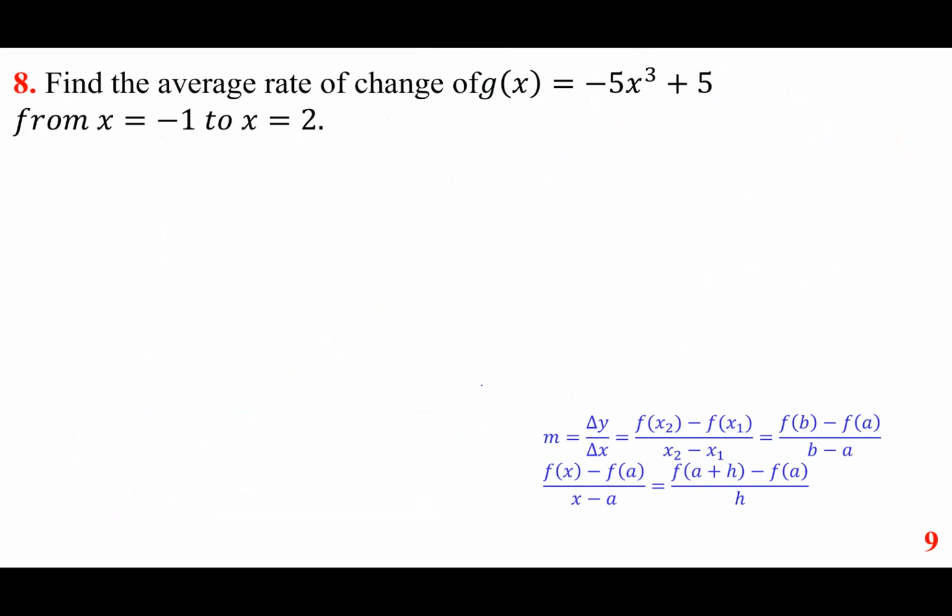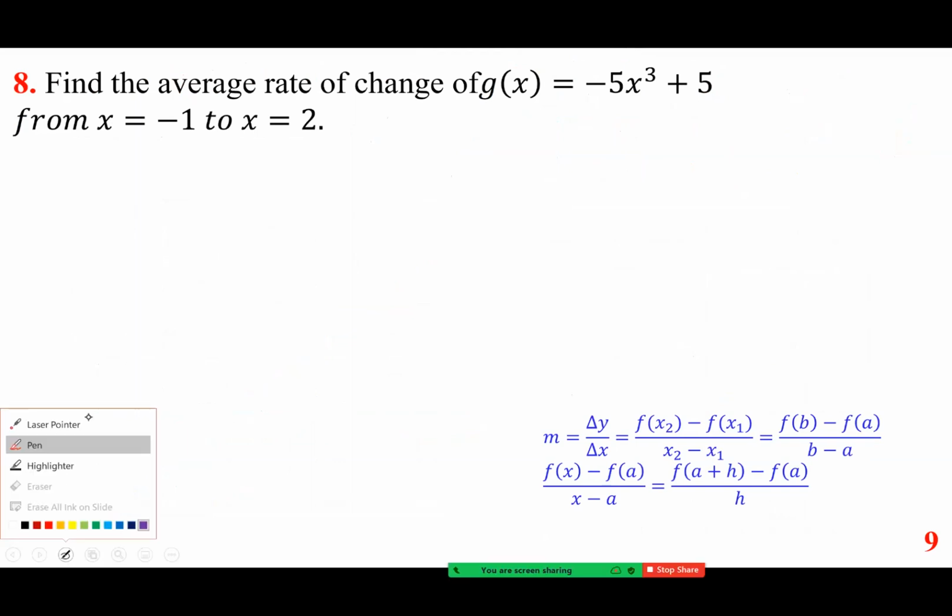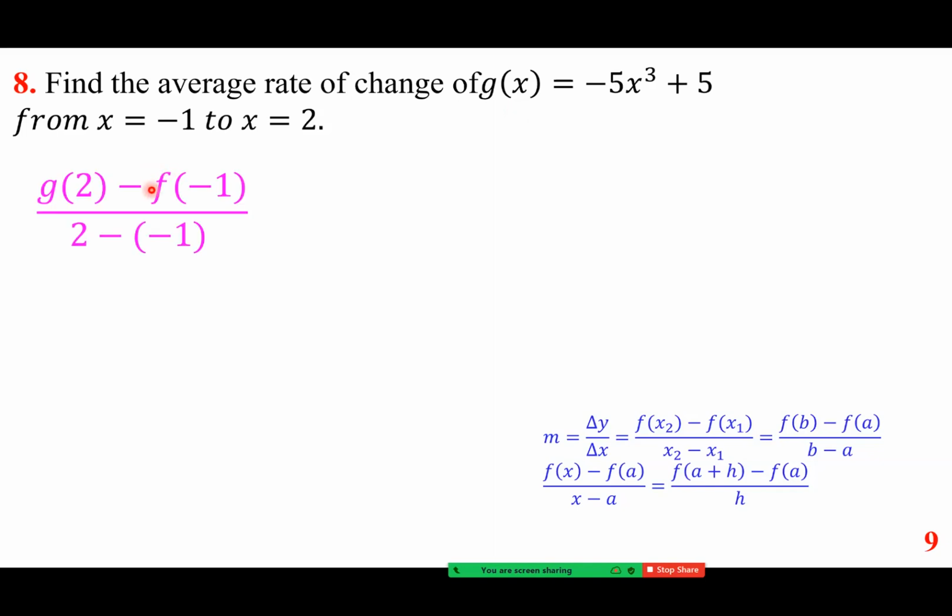All right, I'm going to find the average rate of change of g of x from -1 to 2. And remember, average rate of change is really the definition of a slope. And these are different ways of writing this slope. Rise over run. In this case, according to this definition, we want g of 2 minus g of -1 over 2 minus -1.